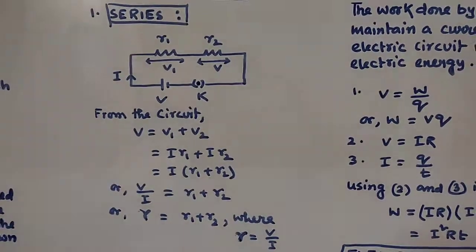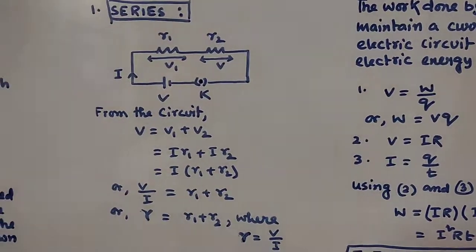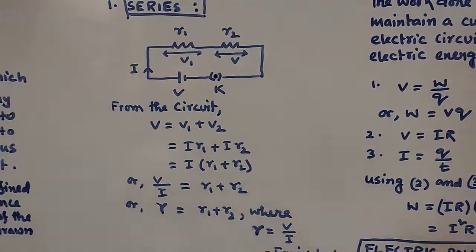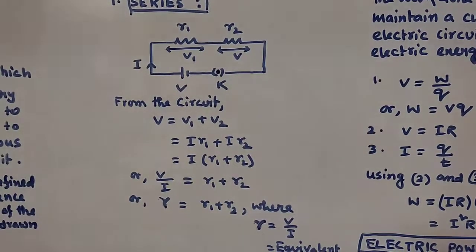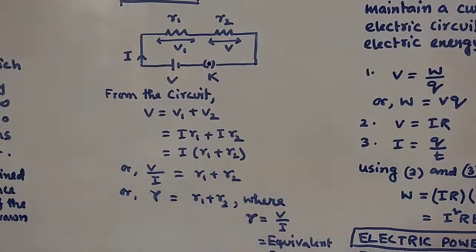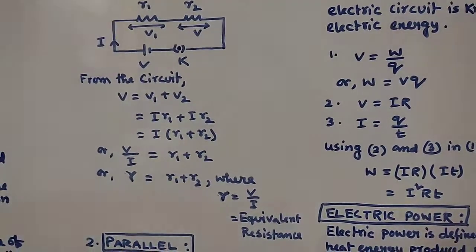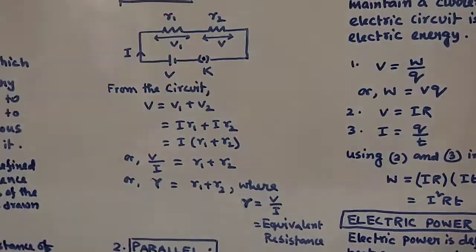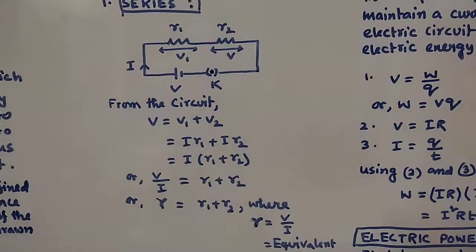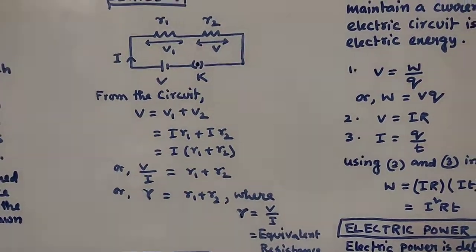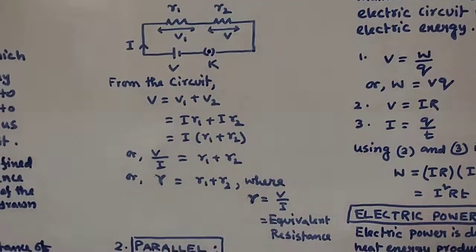So I can be common. Within the bracket you will get R1 plus R2. So V by I equal to R1 plus R2. Now V by I is nothing but R, the equivalent resistance. So in series the equivalent resistance is nothing but the sum of the resistances of the resistors.